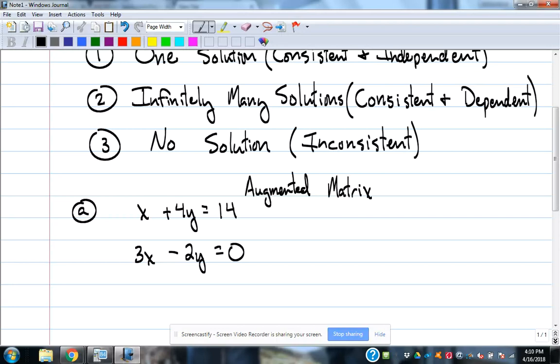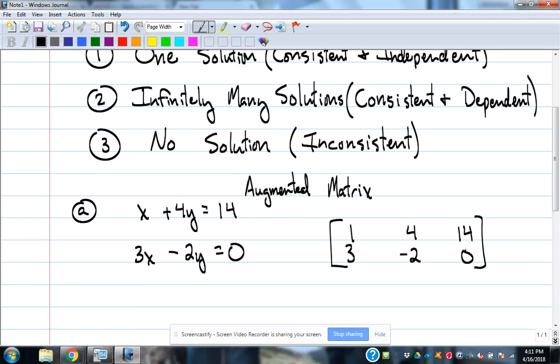The augmented matrix for this particular system is this: 1, 4, 14, 3, negative 2, 0. Okay. 1, from in front of the X, 4 from in front of the Y, 14 from what it's equal to. We've got a column that's X's, a column that's Y's, and then a third column that's what they're equal to.